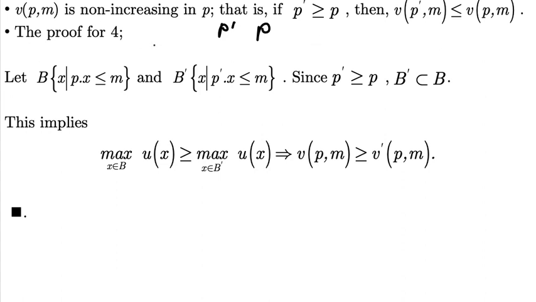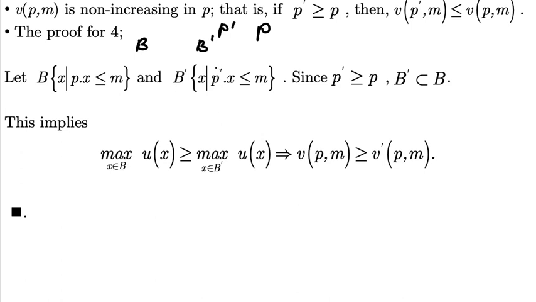So we need to have two sets of bundles or vectors here. The first one is B, the second one is B prime. So let's say B here, a set of vectors of goods or commodities evaluated at the total expenditure equals or less than M or income.